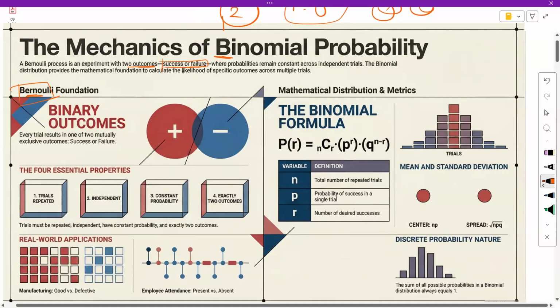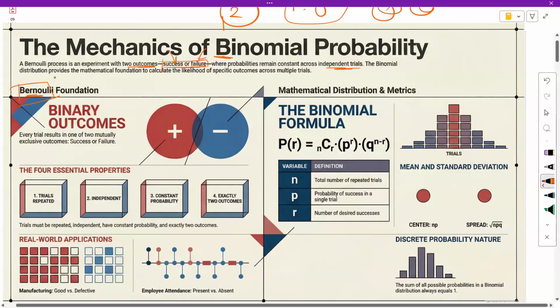I will explain what we mean by success and failure, where probabilities remain constant across independent trials. For example, when you toss a coin, always the probability equals 0.5 for each outcome, head or tail. Every time you will get head or tail. The probabilities remain constant across the independent trials.